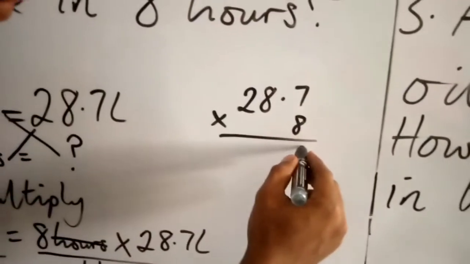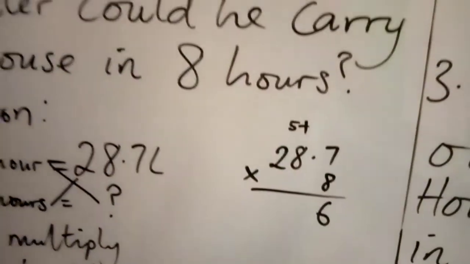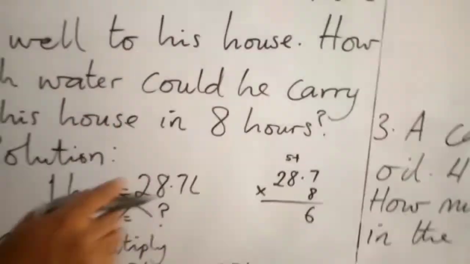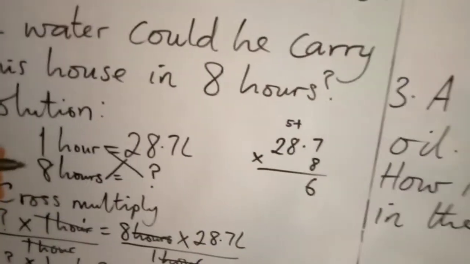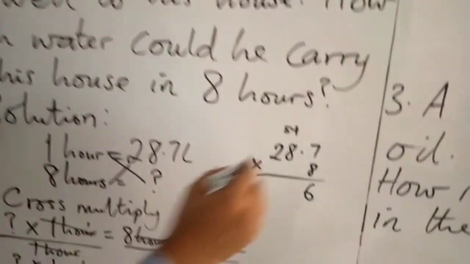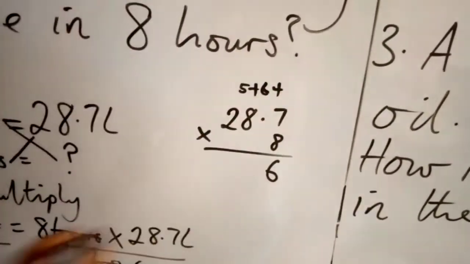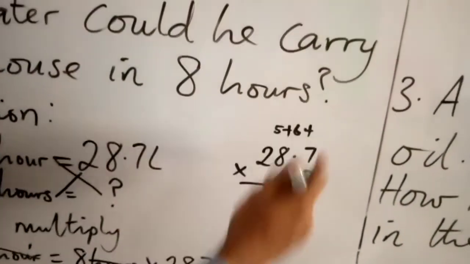So you write 6 here. Take up your 5. Remember, you write down your unit, take up your tens. So 8 times 8, 64. Add it to the 5 you took up, which is 69.